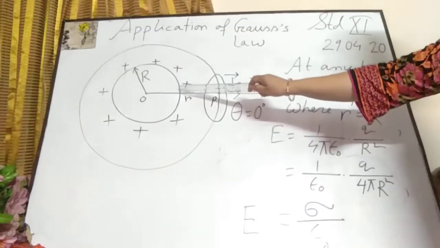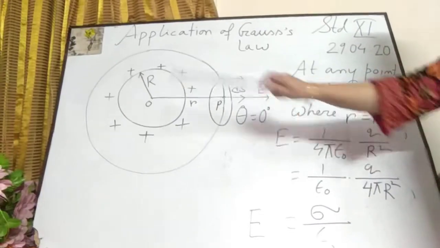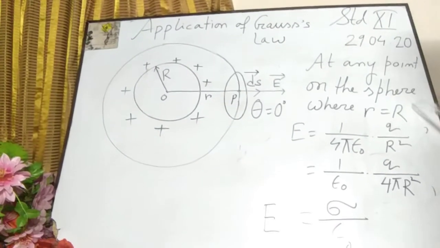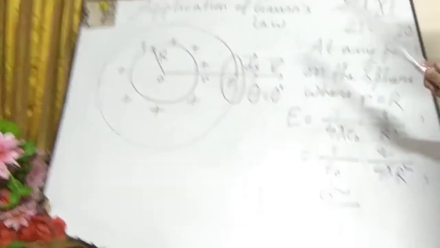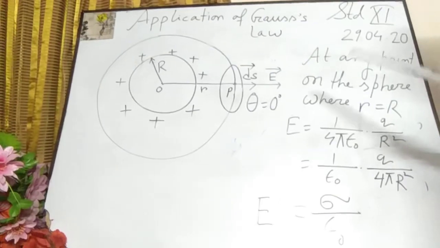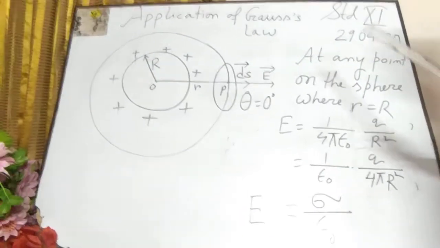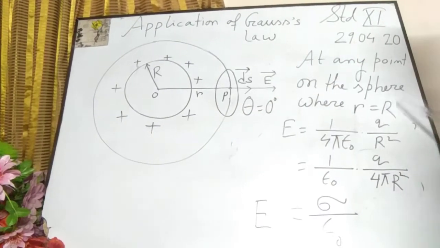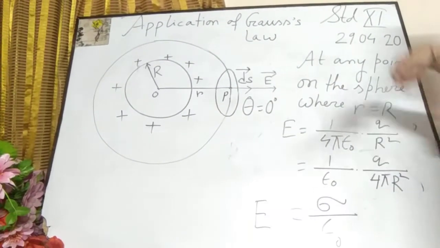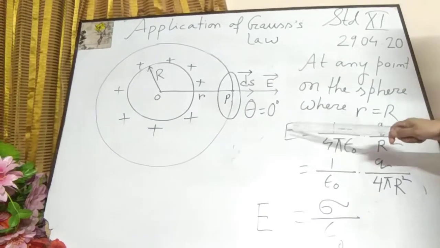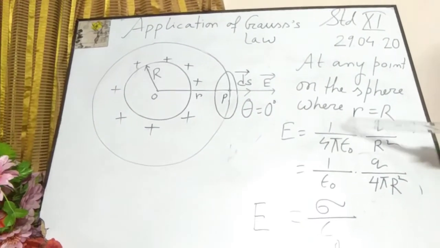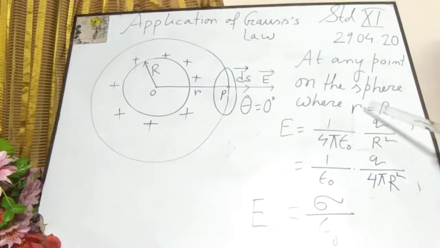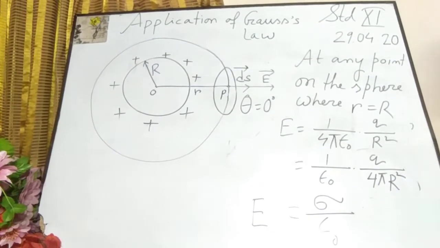In that case, small r equal to capital R. So the electric field intensity E equal to 1 by 4 pi epsilon naught Q by R square. Just in place of small r we put the capital R.